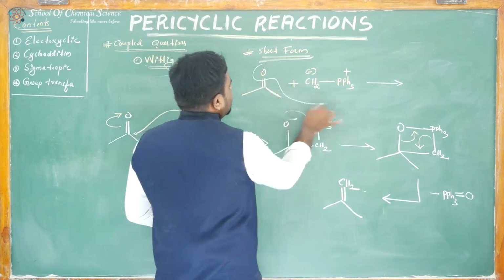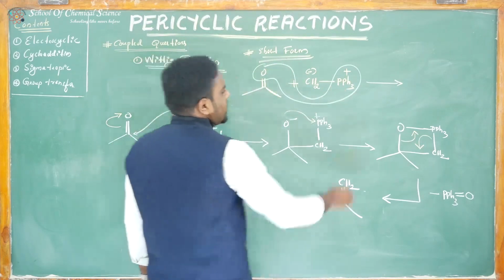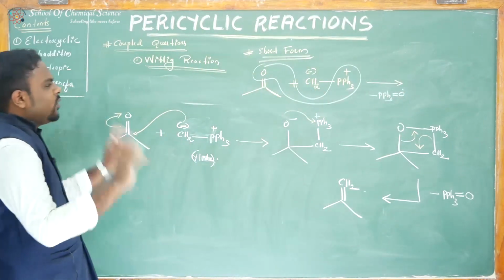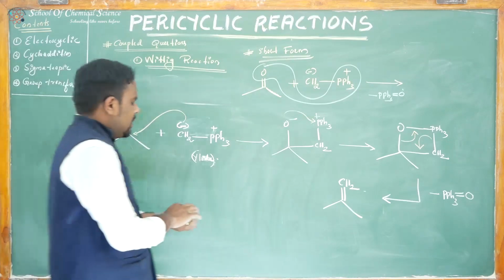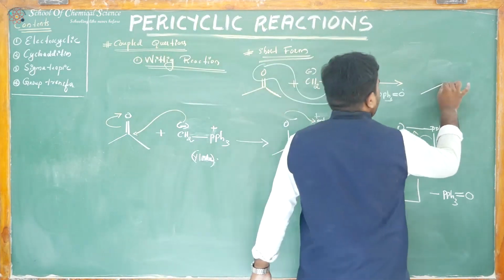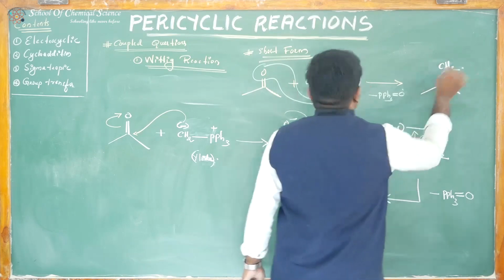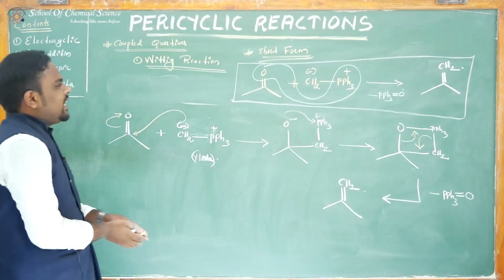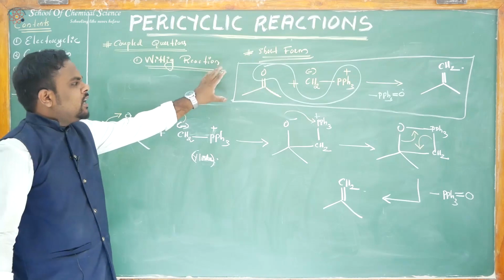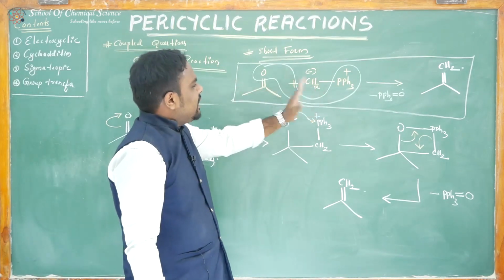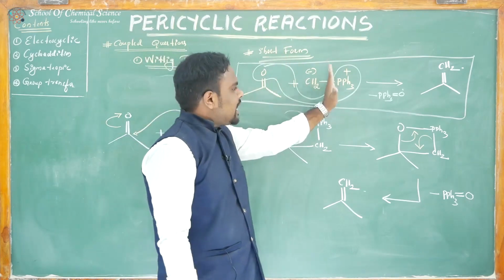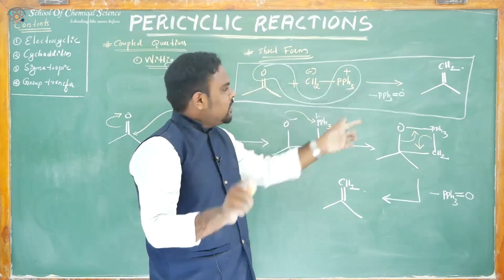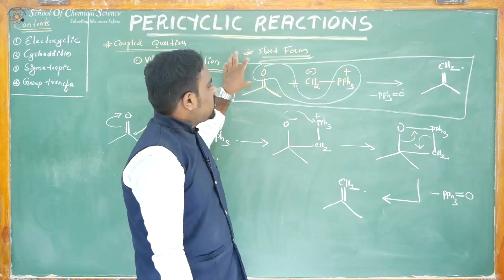This oxygen and PPh3 are eliminated as Ph3P=O, and then there is only one CH2 attached here. So this is the general short form of Wittig reaction. Just cut and paste: the O and PPh3 are cut to form Ph3P=O, and CH2 is pasted there.